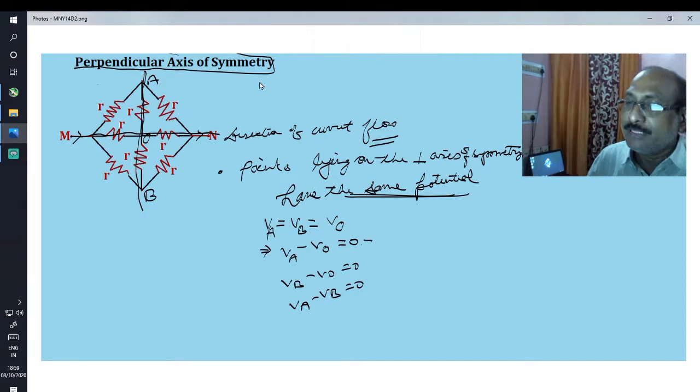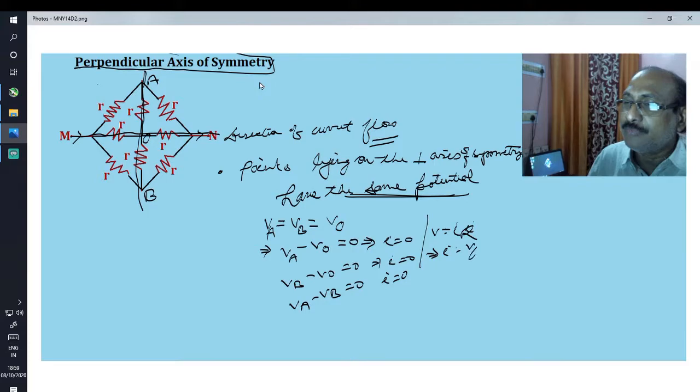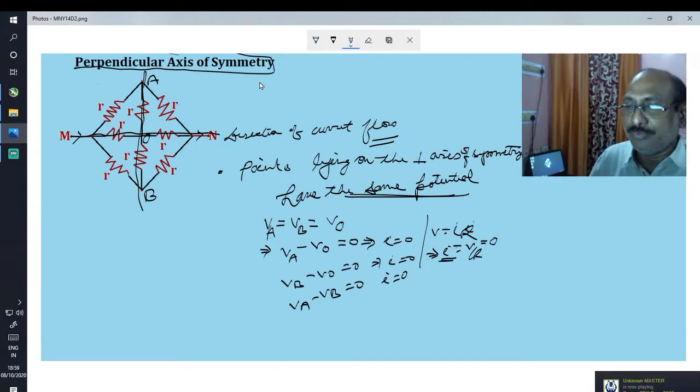Now this implies that I is 0, I is 0, I is 0, because V equals IR. Therefore I equals V upon R. Since the potential difference is 0, in that situation current I must be 0.